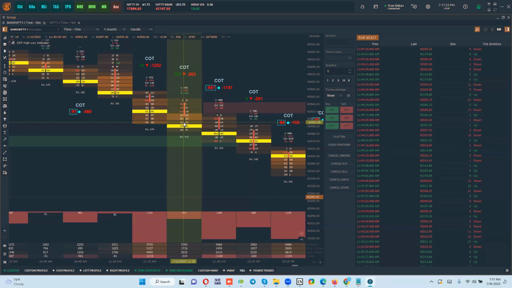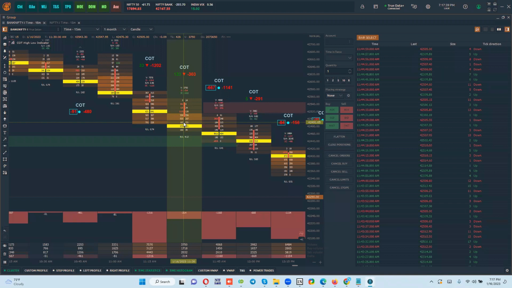In a normal condition, we will always see a positive low. If the candle is positive, we will see a positive COT low value and a negative COT high value.